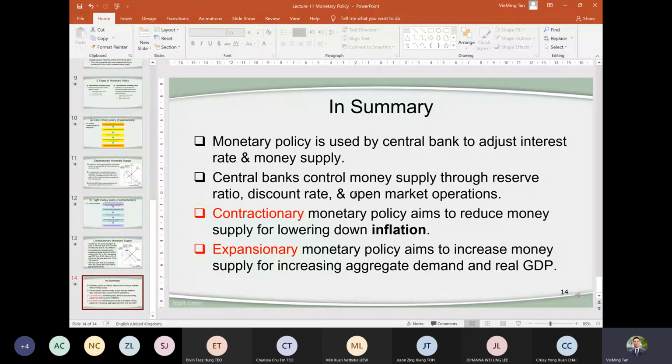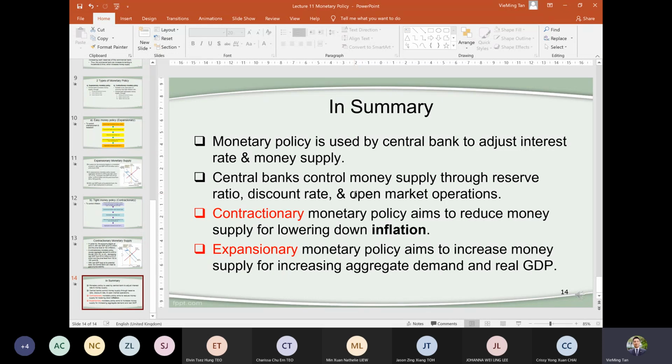If the economy has a very high inflation rate, and the economic condition is very good, growing, and people have money to buy goods and services, then the government should try to control the aggregate demand so that the inflation rate will not be too high.